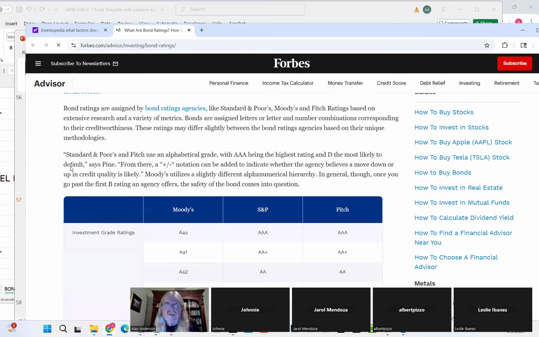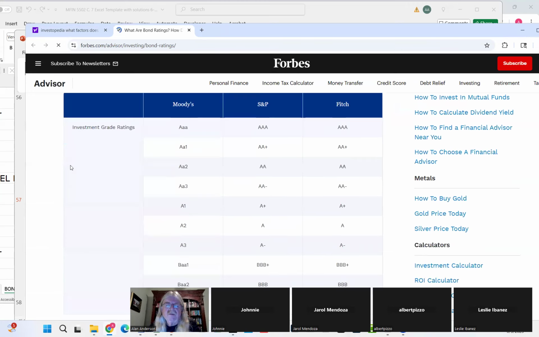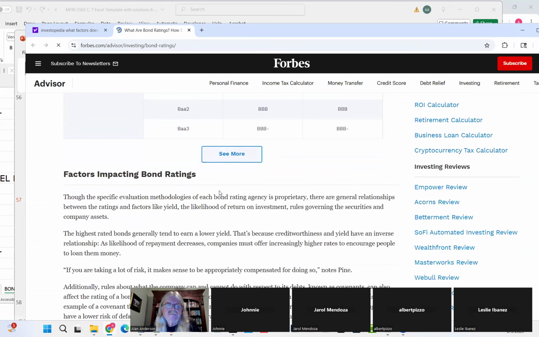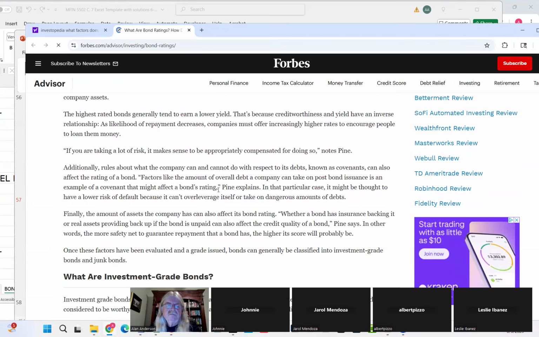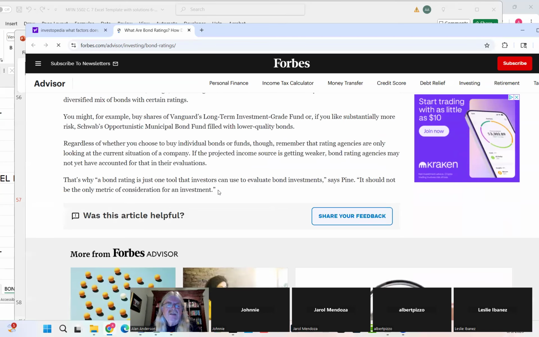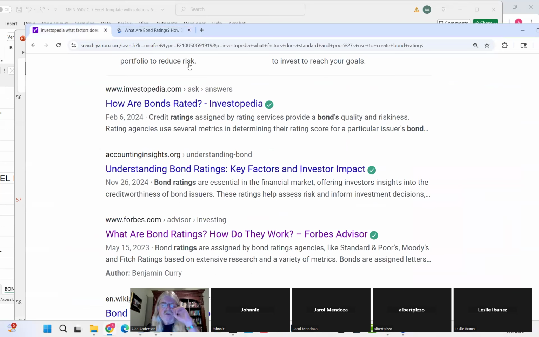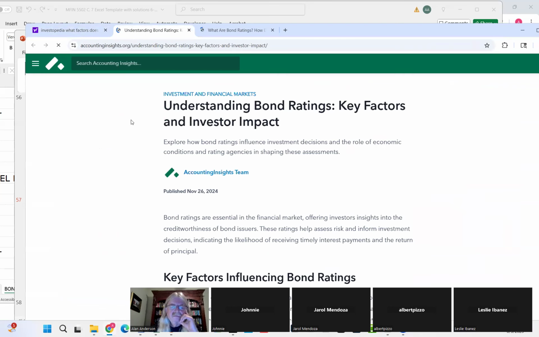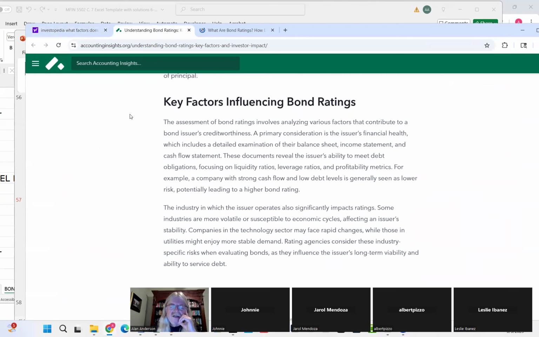There's a chart of the different ratings. You see, they're all somewhat similar to each other. It's just a brief overview of the ratings. This one says key factors. Here we go.